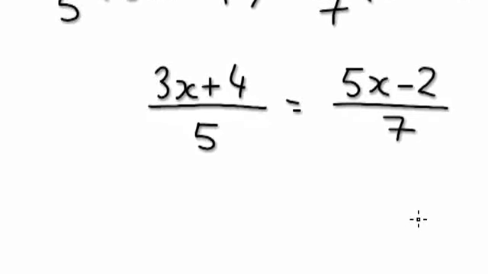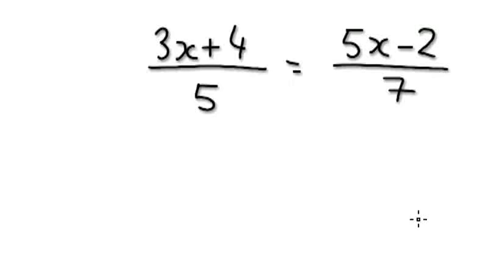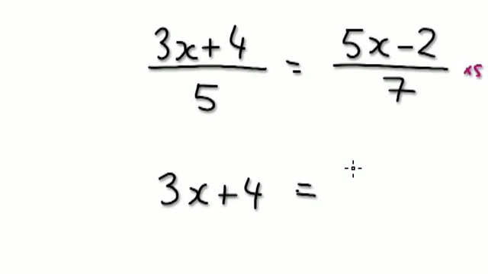Then the next step is to multiply both sides by 5. When we multiply both sides by 5, the left hand side becomes 3x plus 4. On the right hand side, I'm multiplying by 5, so it gets multiplied to the top.